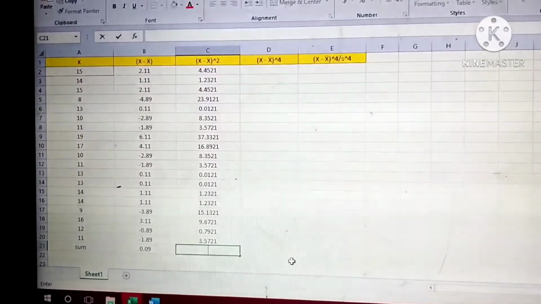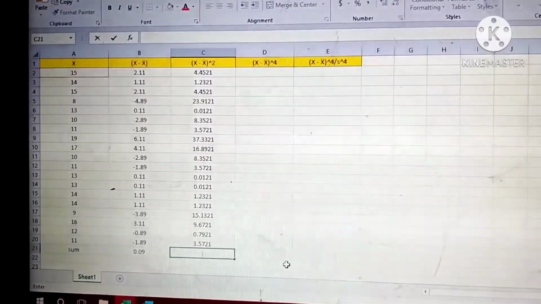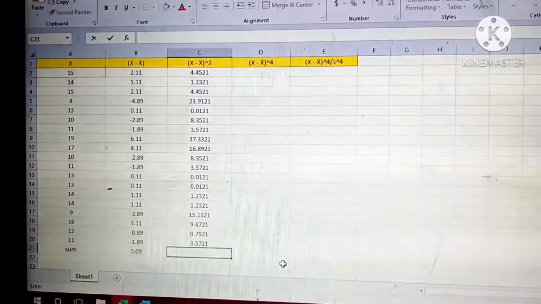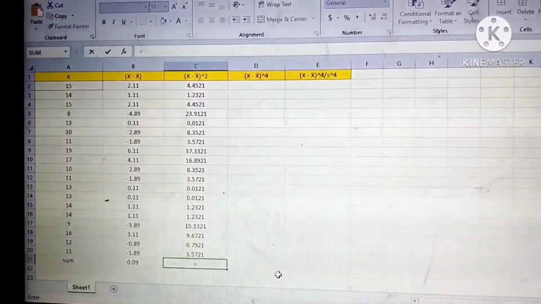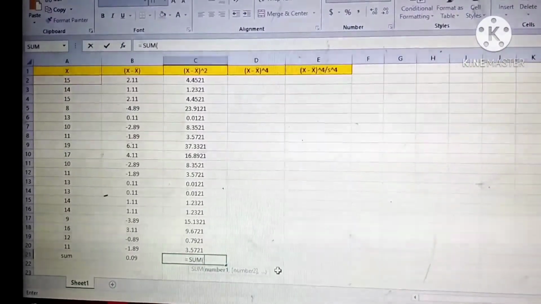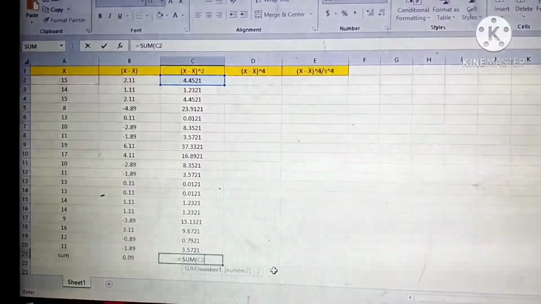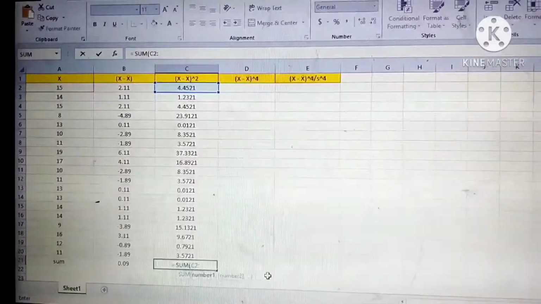To find the summation of the quantity of X minus the mean squared, we are going to use the formula equals SUM C2 up to C20 and then enter.